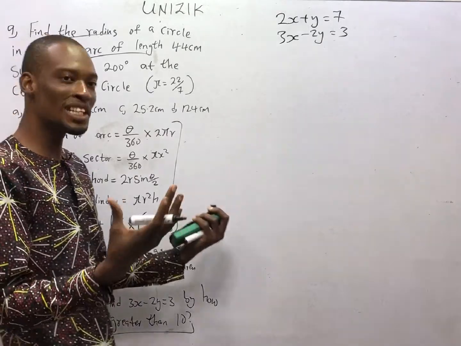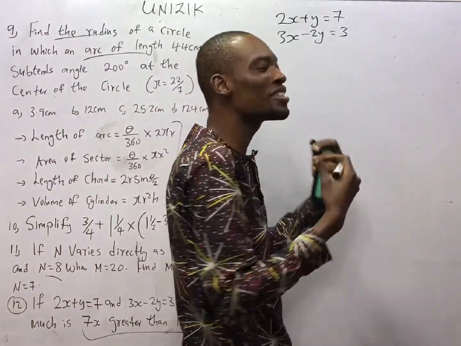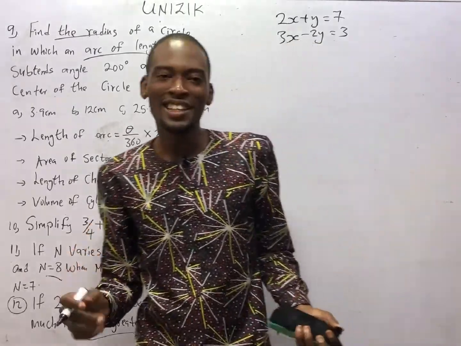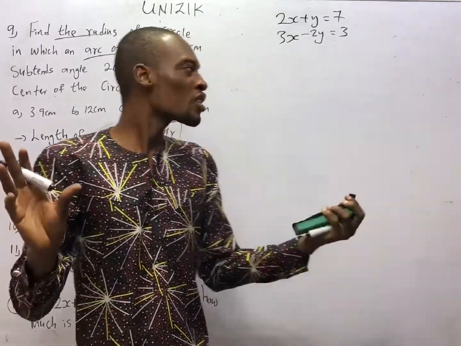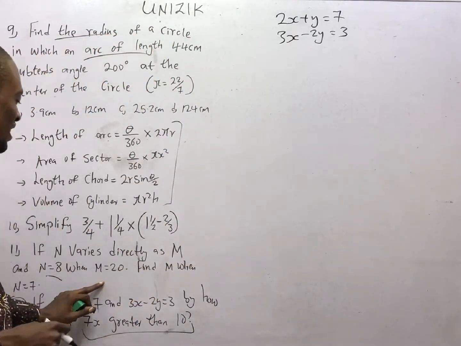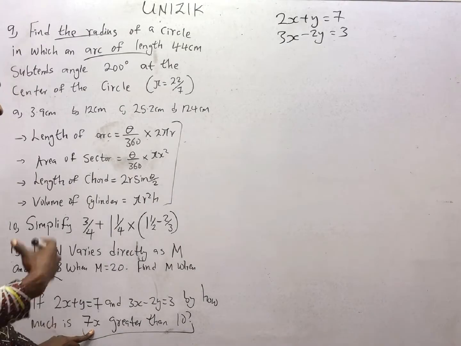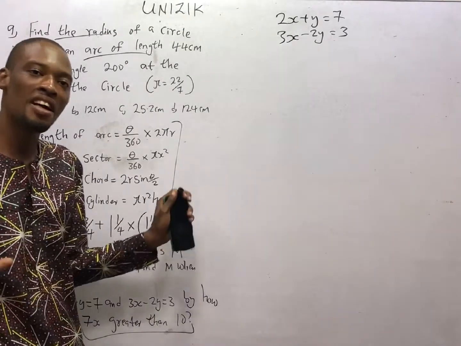Which means, in a normal case, they give us simultaneous equations to solve. We solve and get the answer. But now, nobody is interested in your answer. They are simply interested in you finding x, then multiplying x by 7 and asking yourself, by how much is it greater than 10?